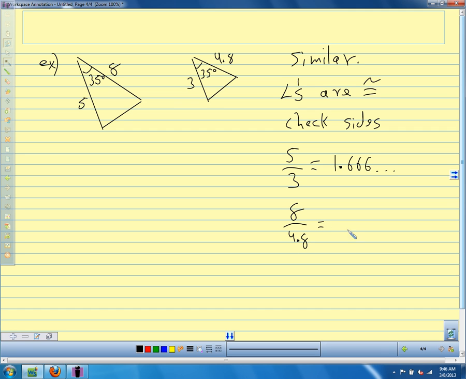And that comes out to be 1.666. So angles are congruent. The sides make the same ratio or the same fraction. So our answer would be yes by side angle side.